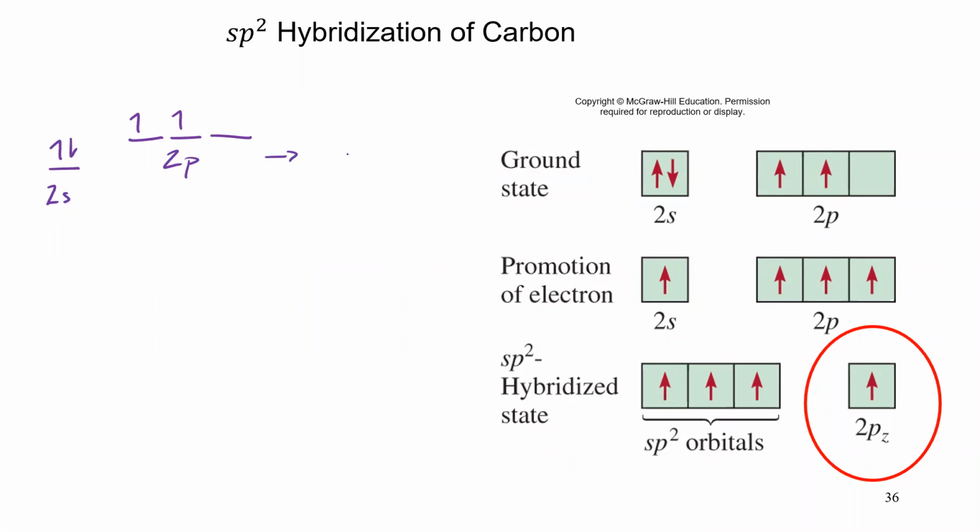I'll do that first. We're going to end up with 4 orbitals, 2sp3, that are all the same energy. And that's where we would get the 4 different bonding groups on carbon. However, this is for sp3 hybridization.